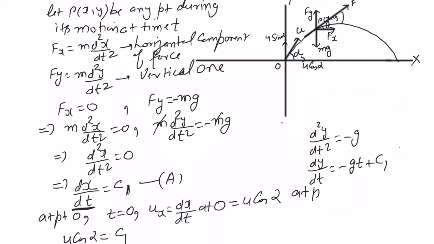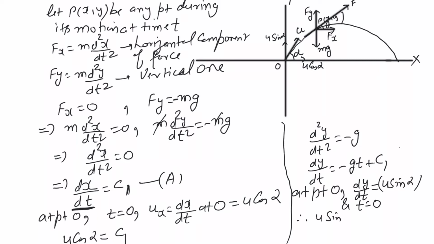At point O, dy/dt, which is the vertical component of the velocity, is u sin alpha and time is 0. Therefore u sin alpha equals 0 plus c1, which implies c1 is equal to u sin alpha.